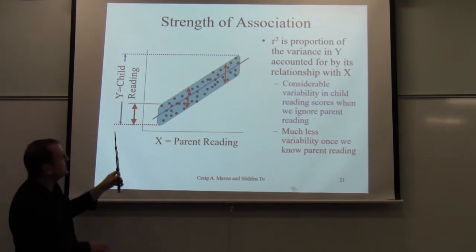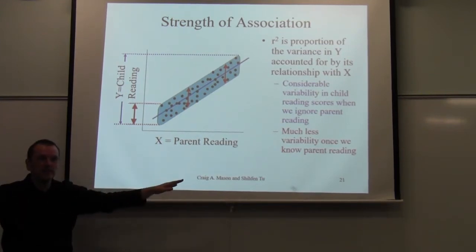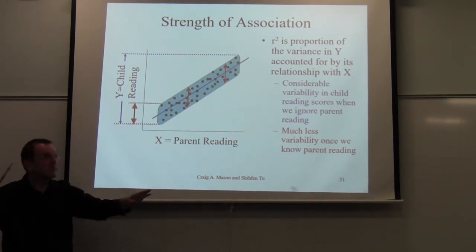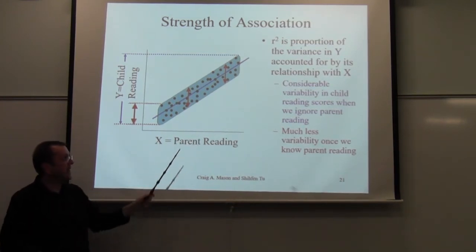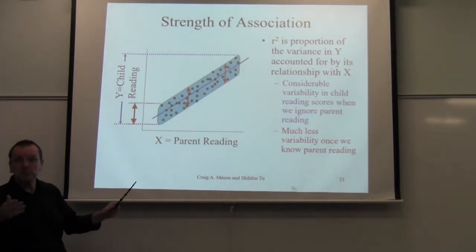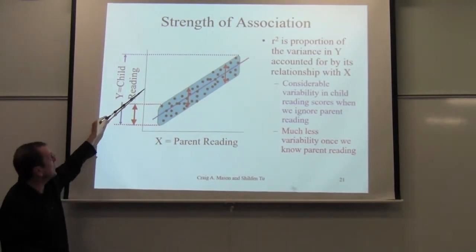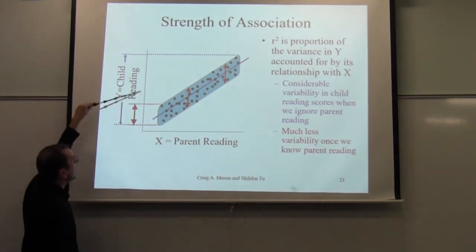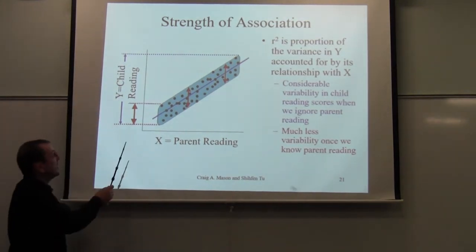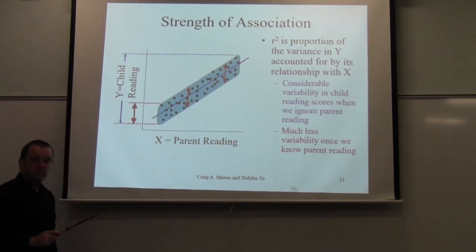If I know nothing, Sergeant Schultz, Hogan's Heroes, I know nothing, and I'm trying to guess some child's reading ability, I'm going to guess they're probably somewhere in the middle. I don't know anything about them. They're probably somewhere in the middle, but it could be anywhere in this range. They could be way down here, they could be way up there.